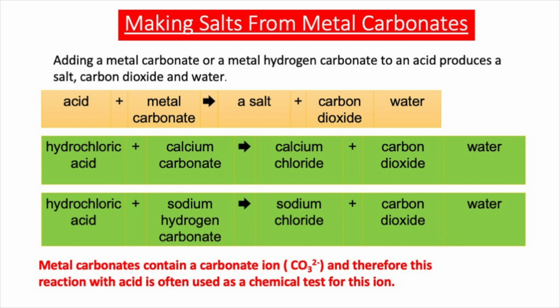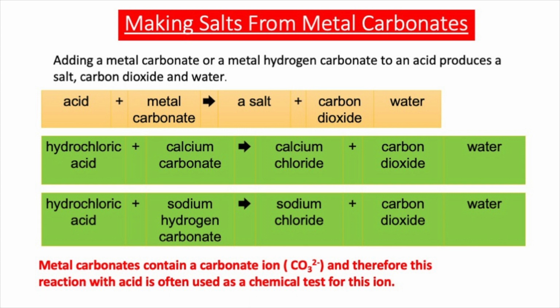And this reaction is often used as a chemical test for a carbonate ion, because if you add acid such as hydrochloric acid or sulfuric acid or nitric acid to any compound that contains the carbonate ion, so for example a metal carbonate such as sodium carbonate or potassium carbonate or calcium carbonate, etc., you will get carbon dioxide given off and you will observe lots and lots of fizzing.